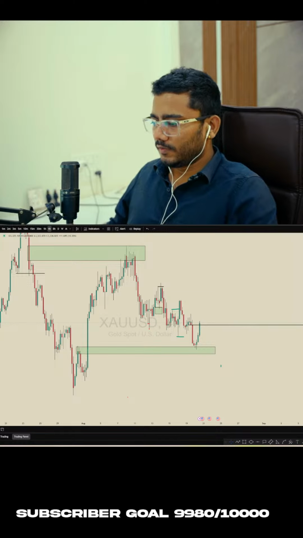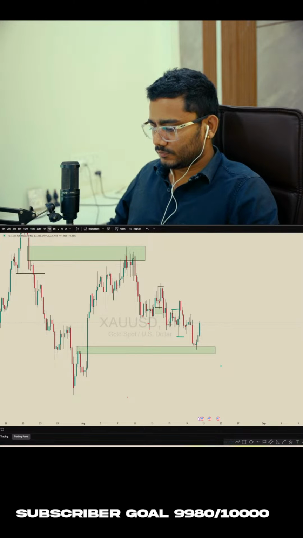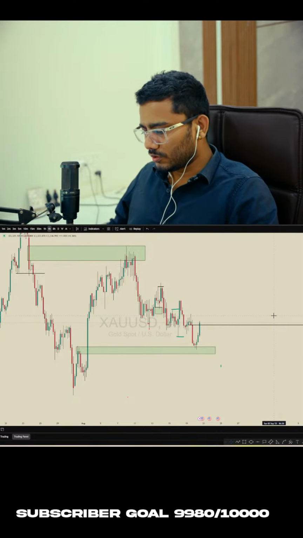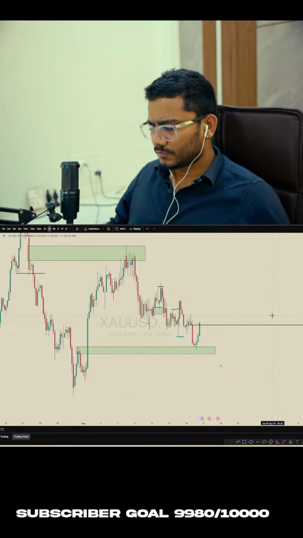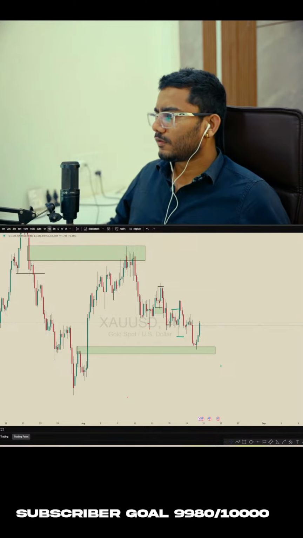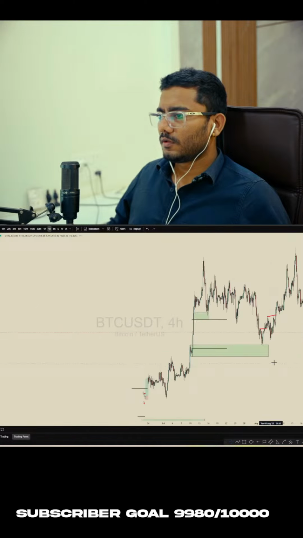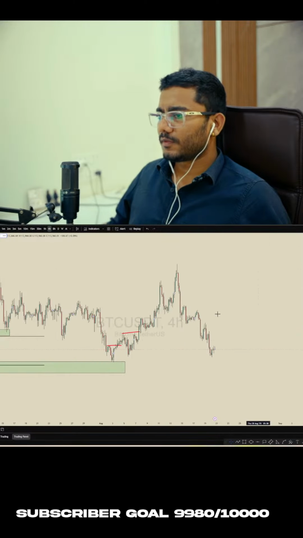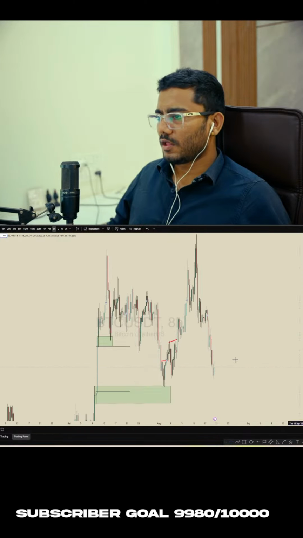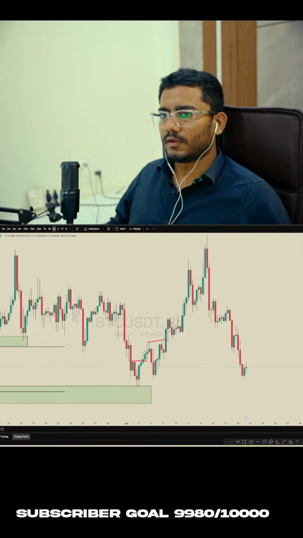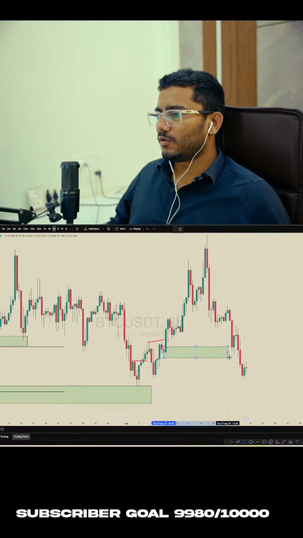Okay, let's look at BTC. If you look at BTC, in the previous live, I was waiting for price to hit this area. But then price did not continue to the upside.